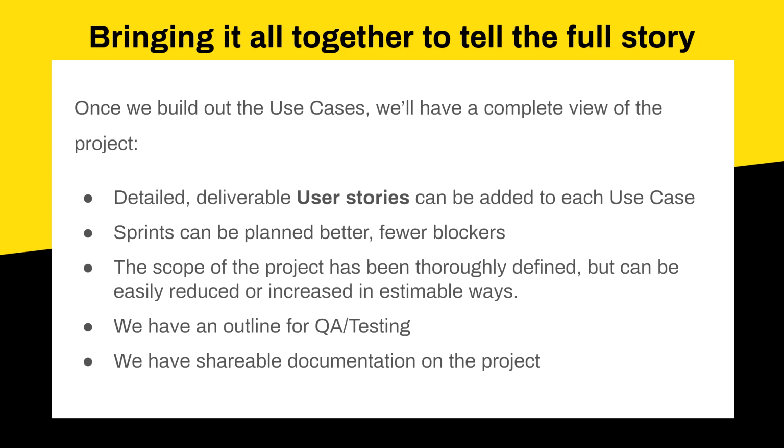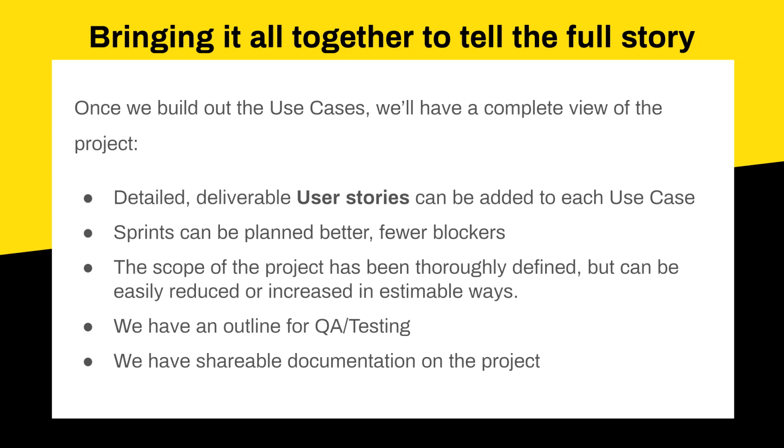And by fewer blockers, I mean you have a whole sense of what completes a feature, right? This feature is done when all of these stories are done. We defined that in that diagram. And if we know that, then there are no surprise blockers of, oh, I was waiting for somebody else to finish this piece so that I could do this piece.